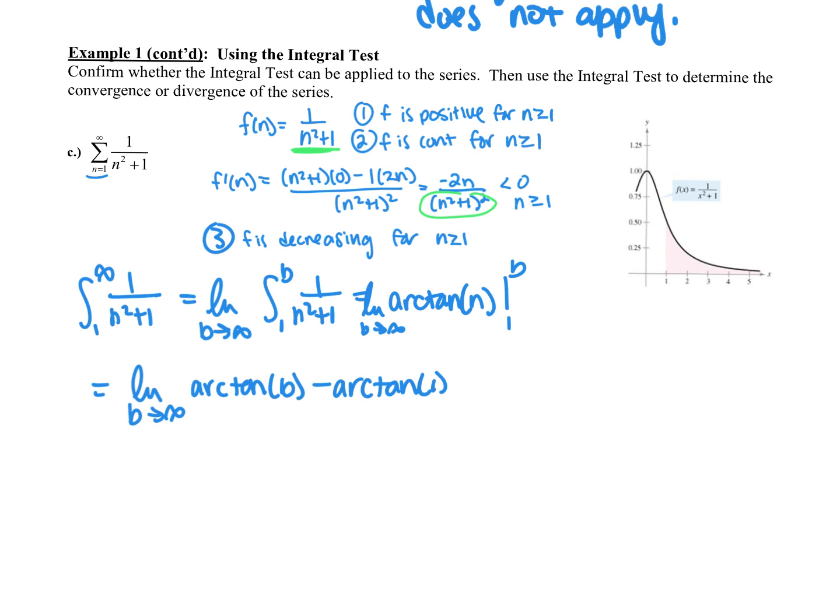As we have said before, with the graph of arctangent, remember it's just tangent on its side. So these asymptotes here that are usually vertical for tangent are pi over 2 and negative pi over 2. So as we go to positive infinity, arctangent approaches pi over 2. So as b goes to positive infinity, arctangent approaches pi over 2. So this will be pi over 2.